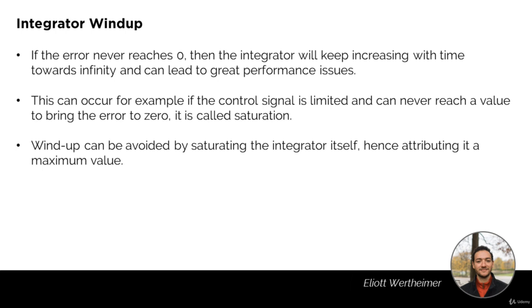It accumulates the error that is currently present. So this windup can cause huge damage in your performance, but it can be avoided by saturating the integrator itself. You essentially say the maximum value the integrator will ever reach will be, let's say, the value D. And attributing that maximum value will make sure the integrator never winds up above it uncontrollably.